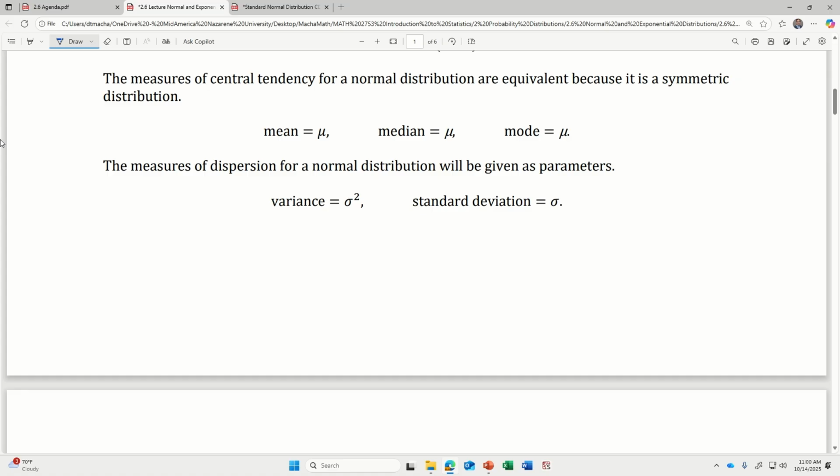If you have a symmetric probability distribution, like the bell curve we saw earlier, then those three measures of central tendency will be the same. You only get different numbers if you have an asymmetric distribution. And likewise, I'll tell you the standard deviation, so if you ever need to calculate the variance, you just square the standard deviation.